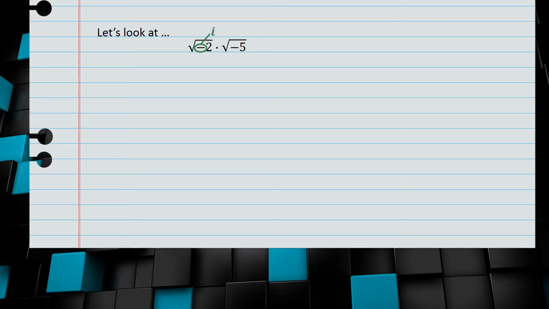Now the second radical also has a negative under the radical. What letter just got introduced there? That too would be the letter i. So I can now rewrite this as i times the square root of 2 times i times the square root of 5.